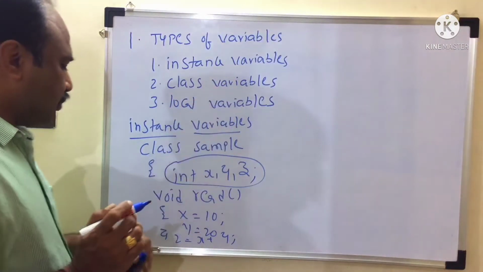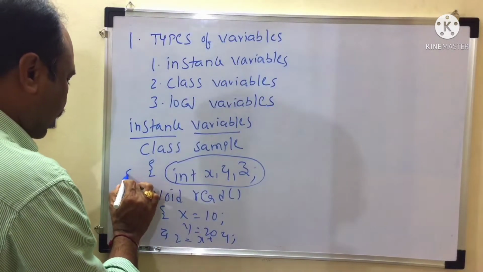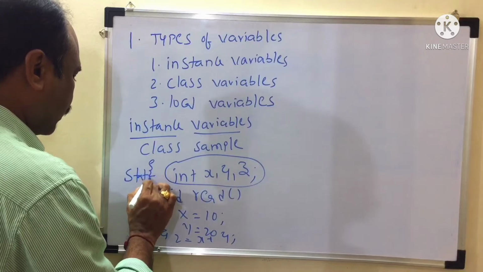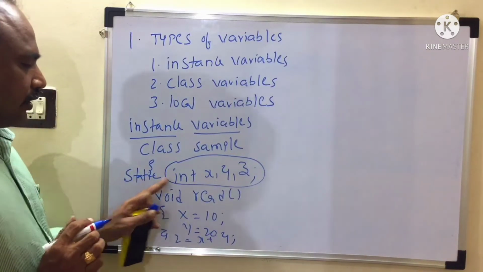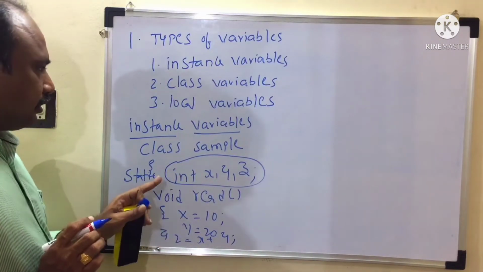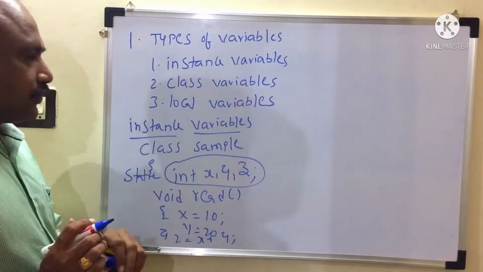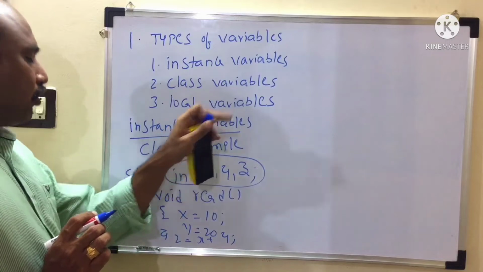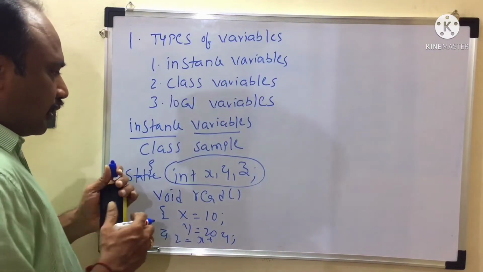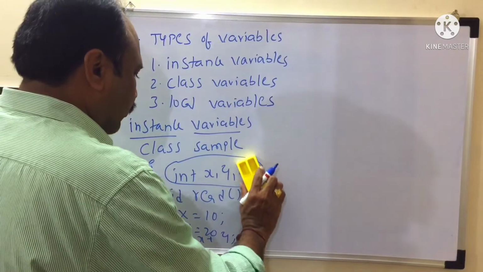What about class variables? If I use static here, then these are referred to as class variables. Third one, local variable. For example, I am not declaring variables here.